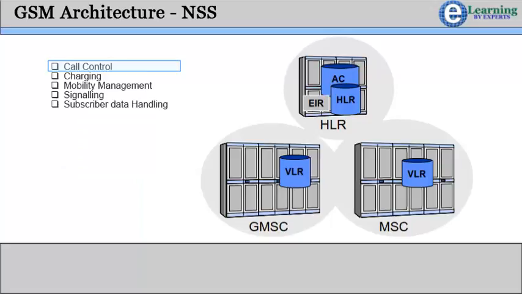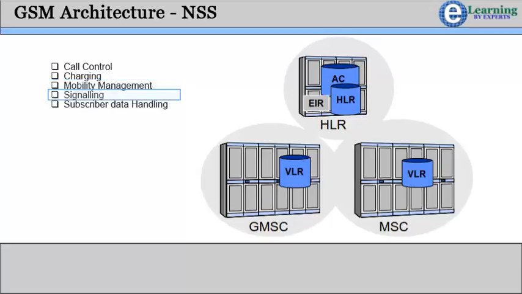Call control. NSS identifies the subscriber, establishment and termination of call. Charging. NSS collects the charging information about a call and transfers it to the billing center. Mobility management. NSS maintains information about the subscriber's location.